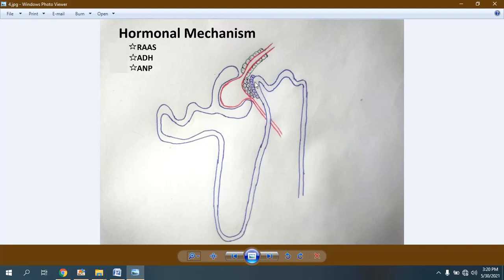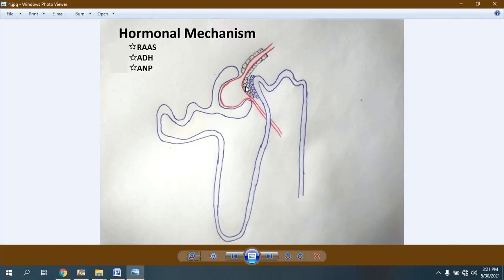How? When the GFR is decreased, when the amount of blood flow into the glomerulus is decreased, or when the amount of sodium is decreased inside the distal convoluted tubule, the macula densa will sense the decreased level of sodium, and it will transfer the signal toward the lacis cells and the juxtaglomerular cells to secrete renin.